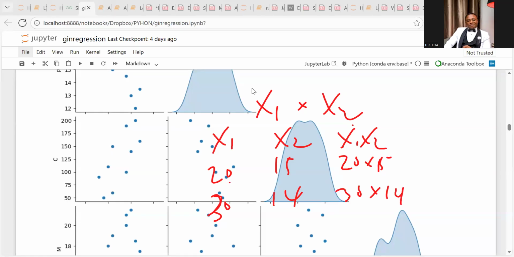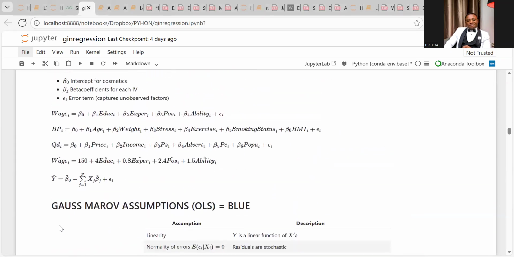And then you try and see whether that variable jointly will have a multiplicative effect instead of just an additive effect on the dependent variable. So in this case, your dependent variable will be wage or your salary, and your salary will be a function of all of these X variables. So these are all possibilities of regression, even at the basic level, that you need to know.